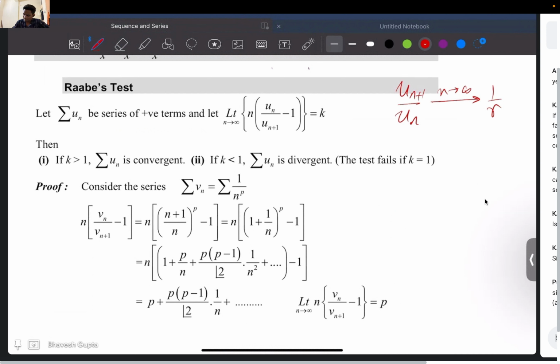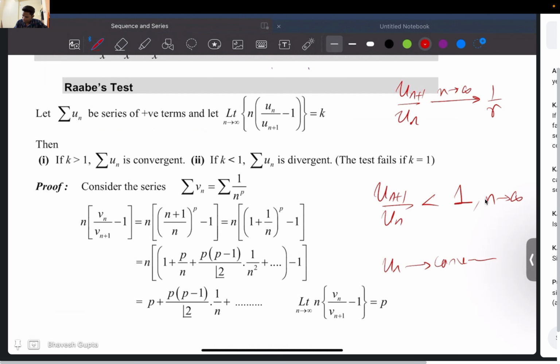And we also know that un plus 1 over un, when my un is convergent, I'm taking the case of convergence, this ratio turns out to be less than 1 as n tends to infinity, right?